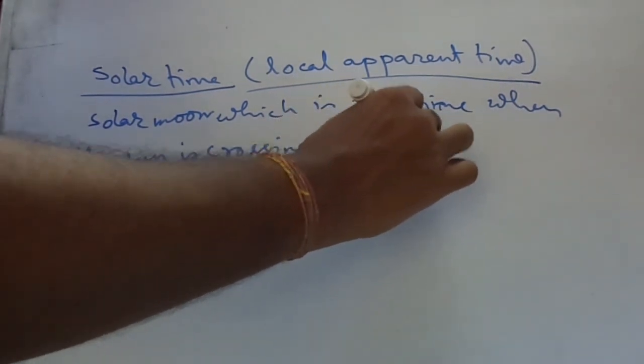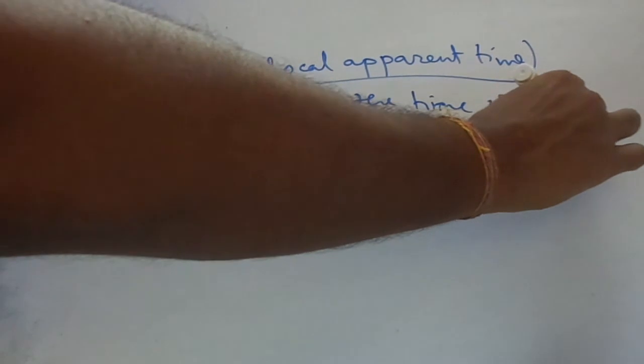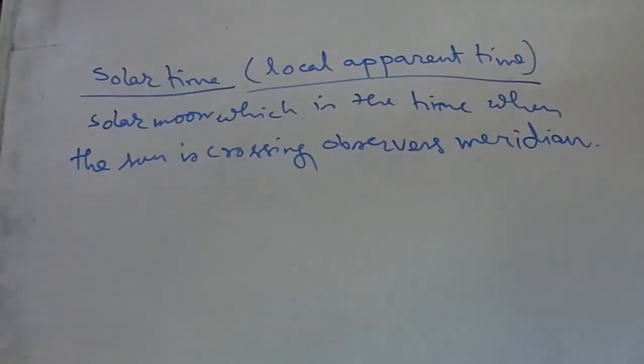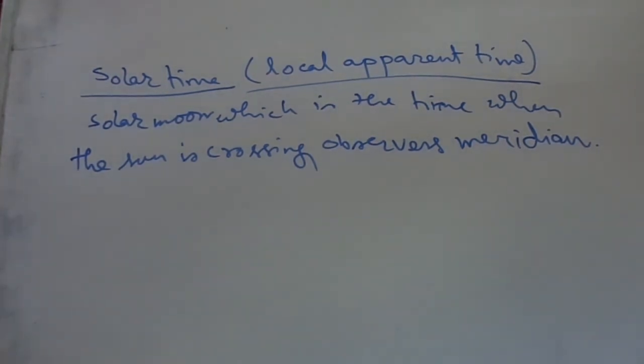At solar noon, the sun is at the highest position in the sky. The sun traverses each degree of longitude in 4 minutes.